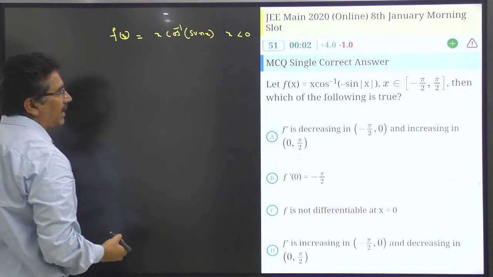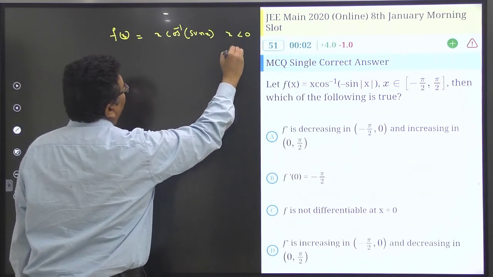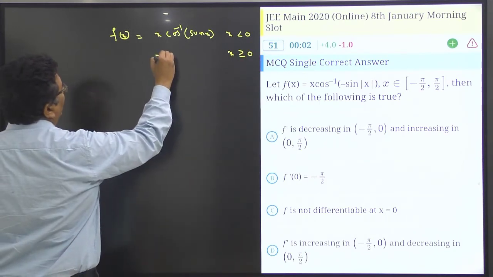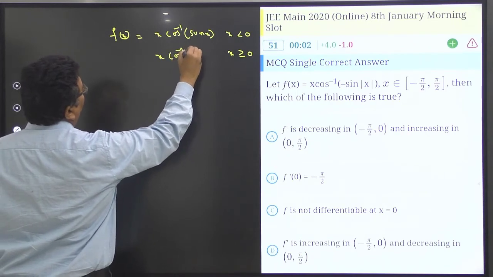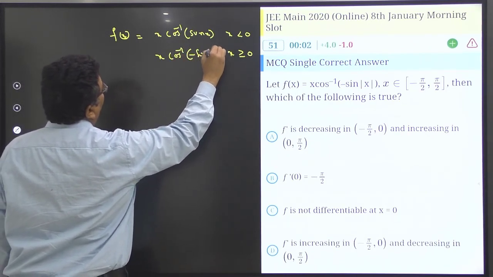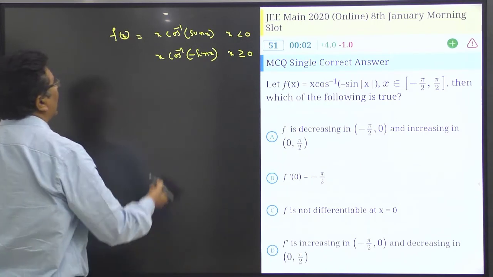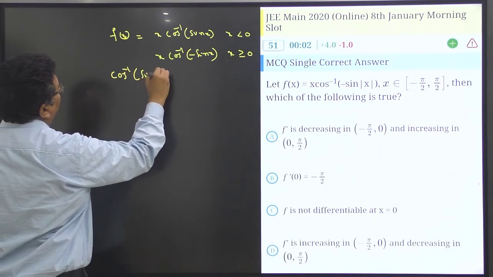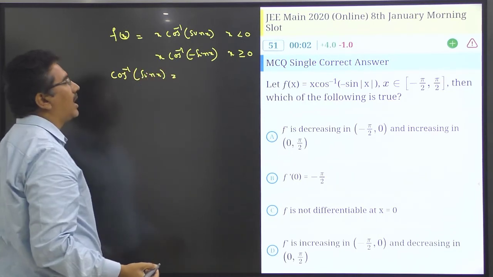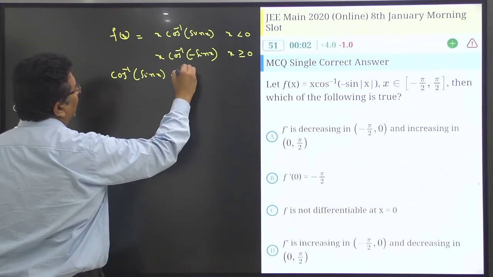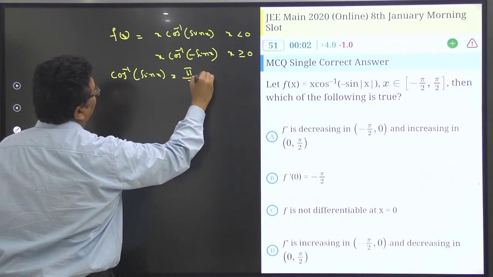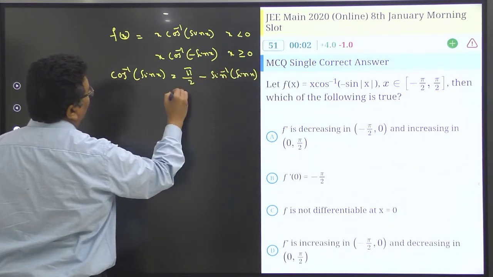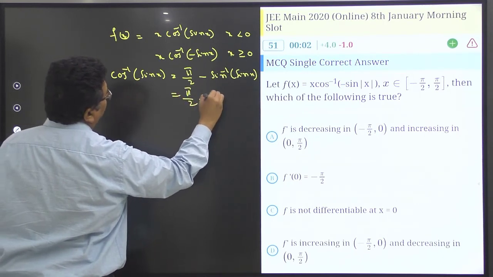Now, if x greater than or equal to 0, x into cos inverse of minus sin x. Now, what is cos inverse of sin x? That is cos inverse x, that is equal to pi by 2 minus sin inverse x, that is equal to pi by 2 minus x.